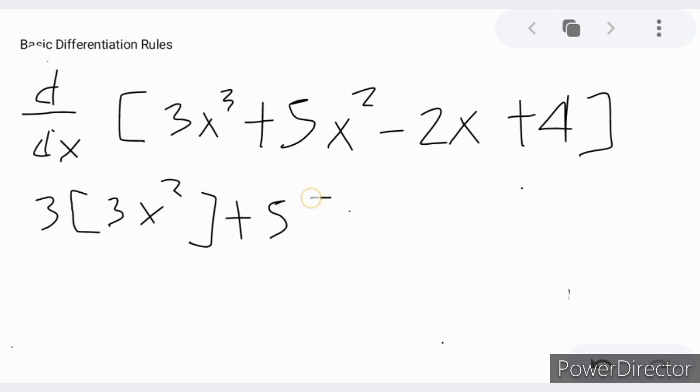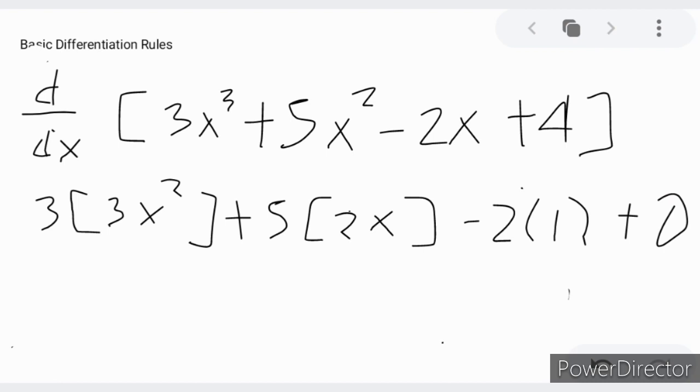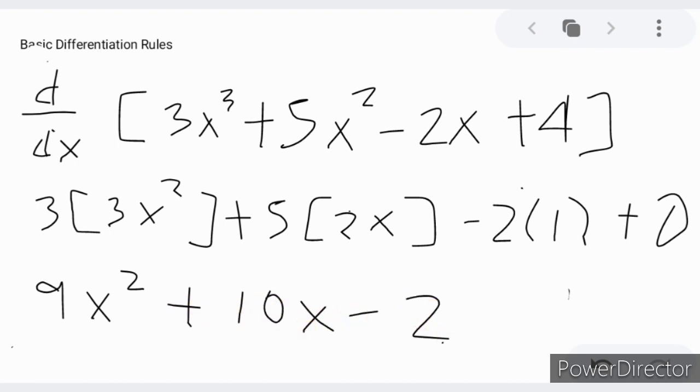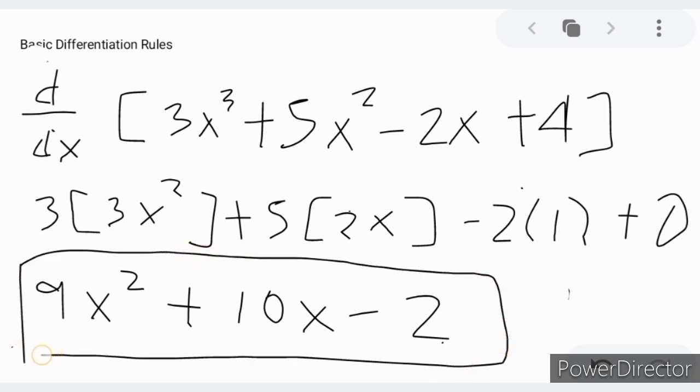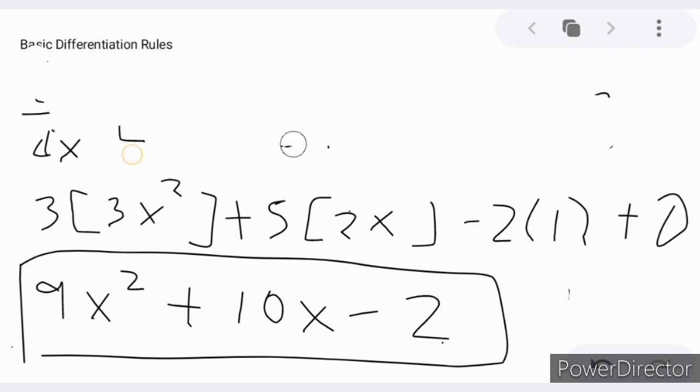Then plus 5, the derivative of x squared is 2x, minus 2, and the derivative of x is 1. And the derivative of the constant is 0. Then proceed to multiplication: 9x squared plus 10x minus 2 times 1 is 2. That is the derivative of the given polynomial.